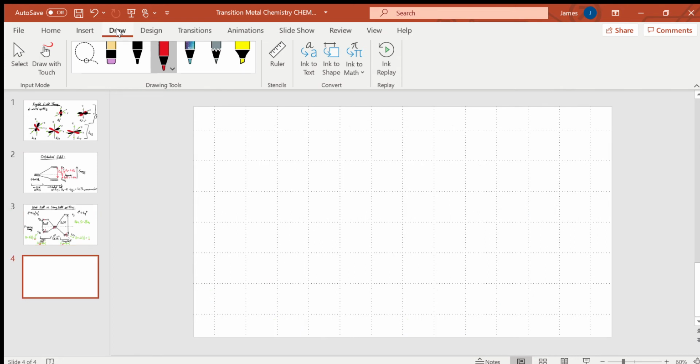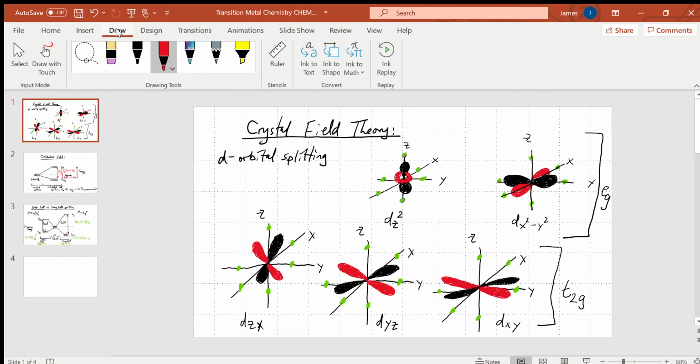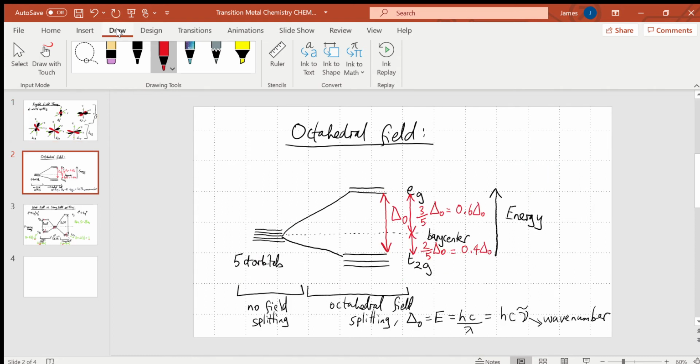Okay, I would like to now talk about stability constants. Just to orient this a little bit, we started off by talking about crystal field splitting when ligands approach a metal atom, and then we had a little look at what that might look like from an energy point of view, about separating the energy levels of orbitals.